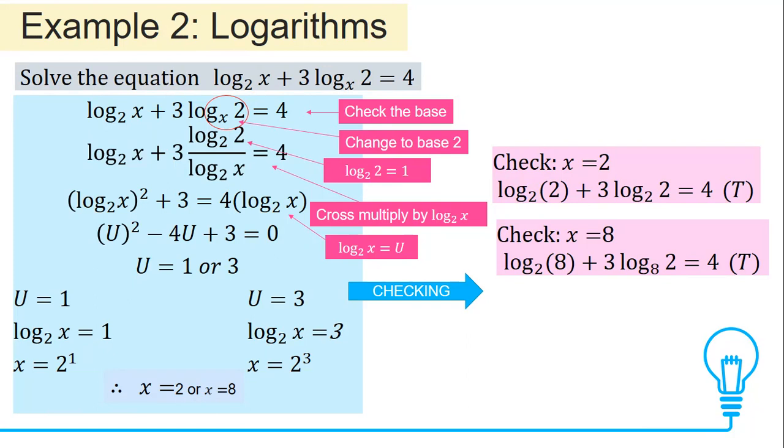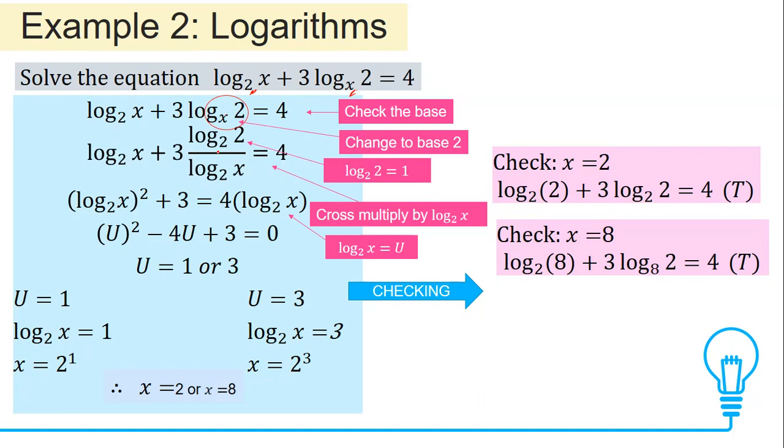The second one: we look at log base 2 of this, this is log x. First thing is to change the base. Now it is easier, so we change our x to the log base 2.